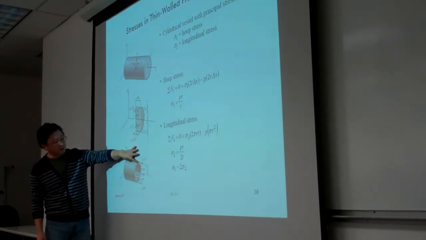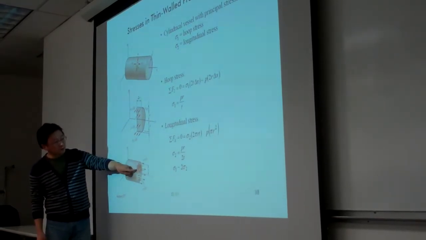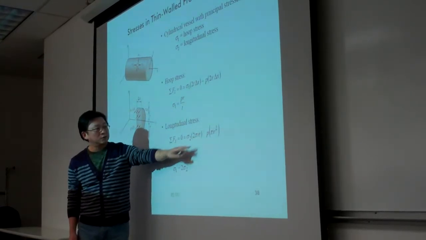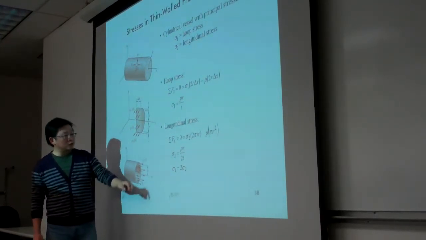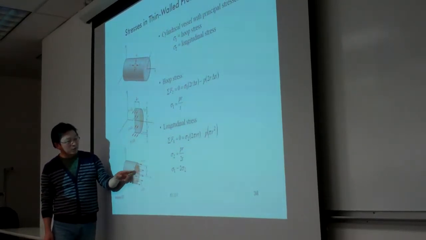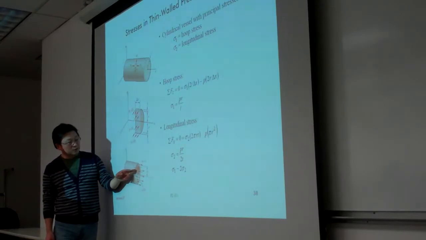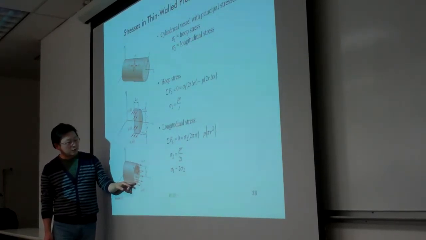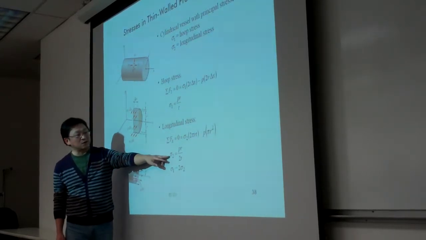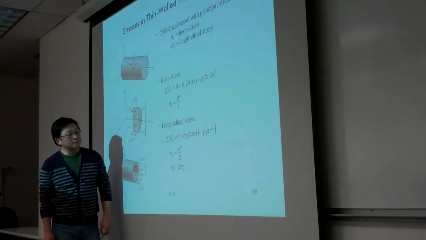So sigma 2 multiplied with the hoop area, that is sigma 2 multiplied with 2 pi RT, and that will be equal to the application of the pressure applied onto the circular brown area. So from here we can find sigma 2 equal to PR over 2T.